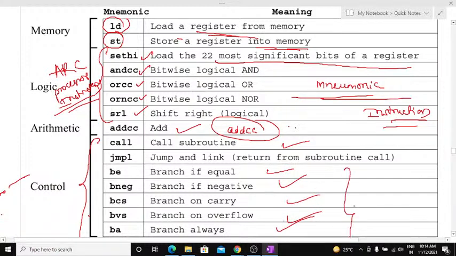Control or branch instructions mean that once the condition is true, it will jump to the particular location.